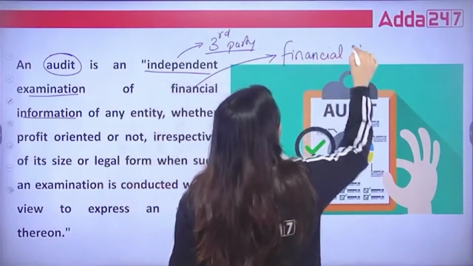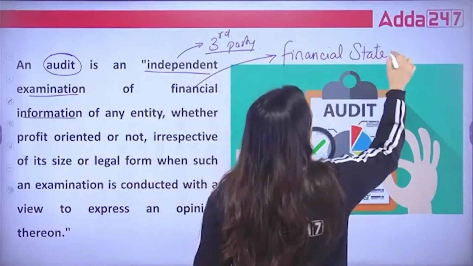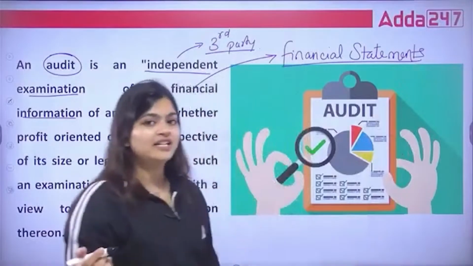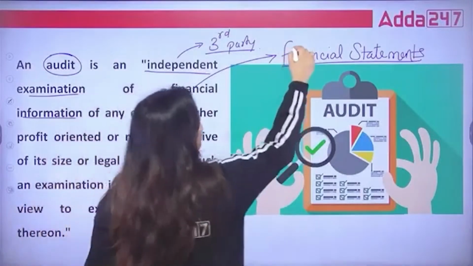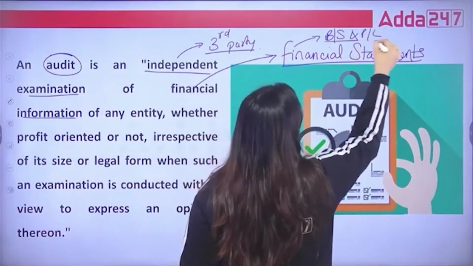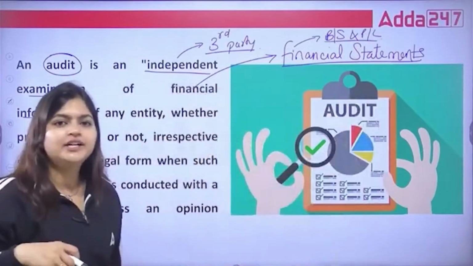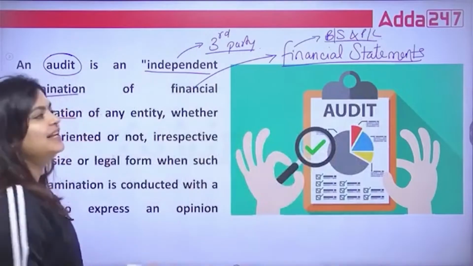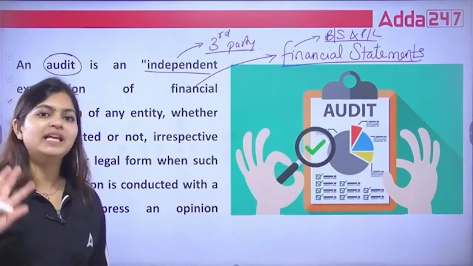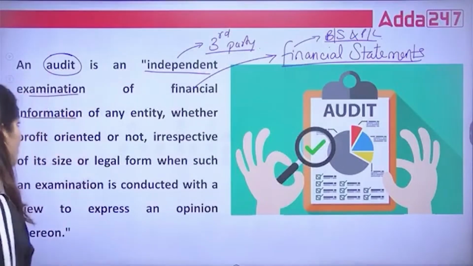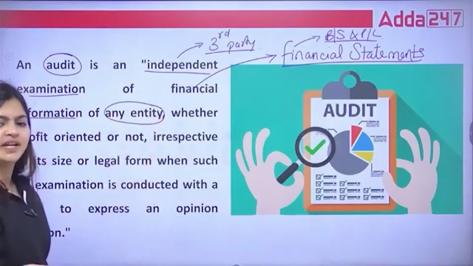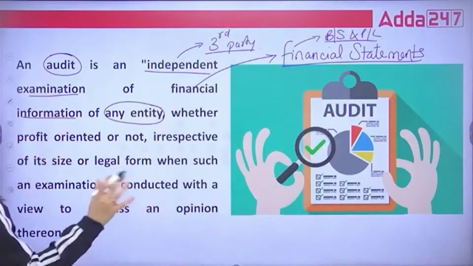Generally, they are going to check financial statements. And now we know under financial statements, we have the balance sheet and profit and loss account. So as an auditor, we are going to check the balance sheet and profit and loss account, whether the income and profits you are showing are true or not, of any entity. Any entity includes business, companies, banks, every type of business.